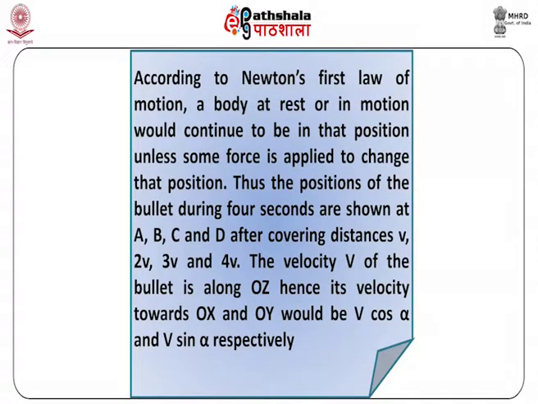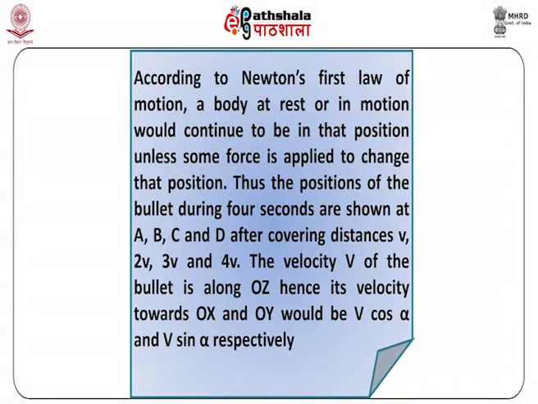According to Newton's first law of motion, a body at rest or in motion would continue to be in that position until some force is applied to change that position. Thus, the positions of the bullet during 4 seconds are shown at A, B, C, and D after covering distances v, 2v, 3v, and 4v.